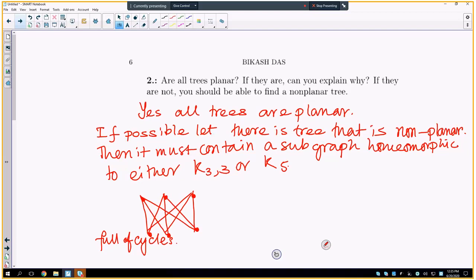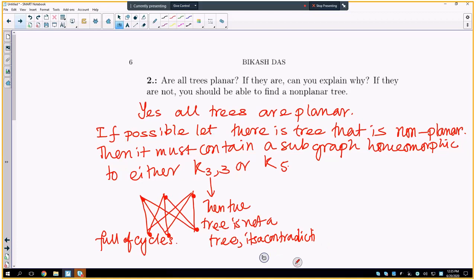So if it is K33, then the tree is not a tree. What does that mean? Well, it's a contradiction, it cannot happen. So at least I have ensured that if you have a copy of K33 as a subgraph, then you are not a tree. So you cannot have a copy, because to start with, our premise says that I'm a tree.